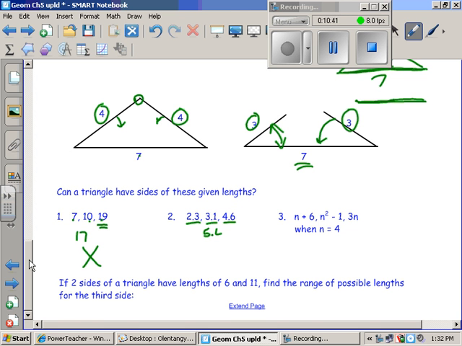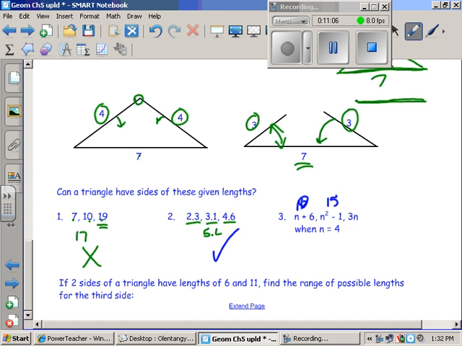I can do the others, although it's always going to work. So 3.1 plus 4.6 is 7.7. That's obviously greater than 2.3. And then 6.9 is greater than 3.1. So that one does make a triangle. Okay? When n is 4, my sides are 10, and then n squared, 4 squared is 16 minus 1 is 15.